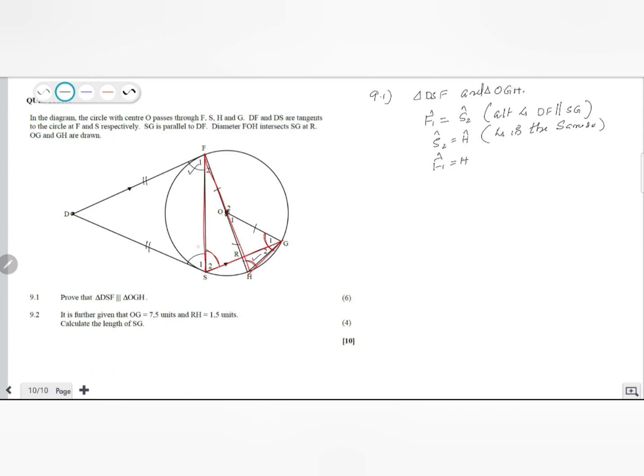And if you can show that S1 is equal to G, they are equal actually. So how do you show that one? Because H is equal to G, that is G1 plus G2. Angles opposite equal sides, isn't it? They are radii, right?